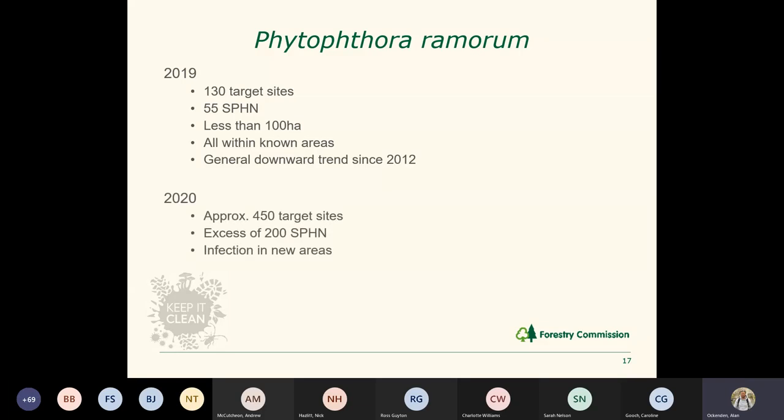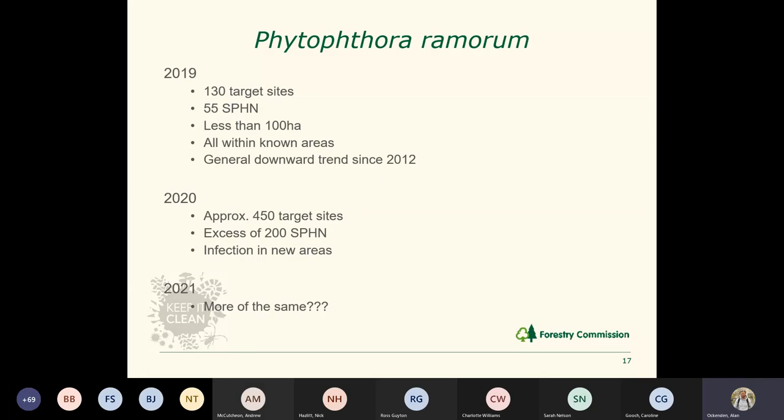Last year we had a significant upturn. We've had just over 450 target sites, and a significant increase in the number of notices that we've issued, and those notices have also in some instances been in new areas of infection like the Peak District, up into the Yorkshire Dales as well. Thinking about the Peak District and Yorkshire Dales, it'll start to make a bit more sense when we look at some of the weather patterns in a moment.